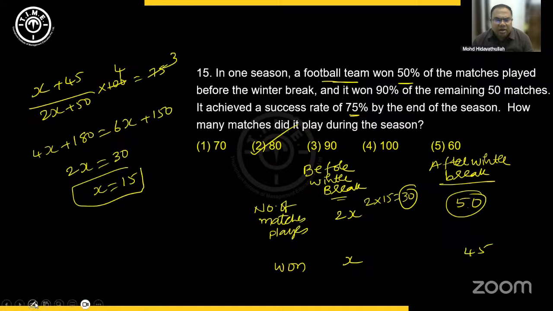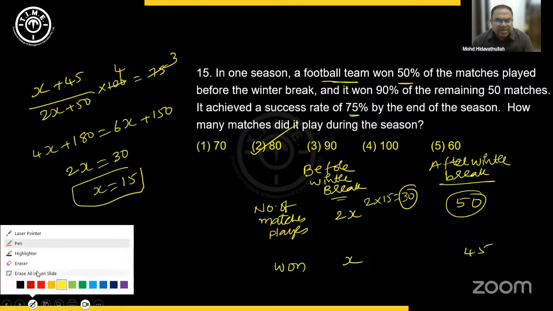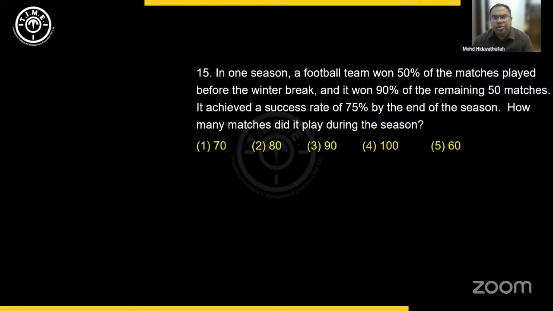Or you can easily solve this using the allegation rule which I have told you. It has won 90% of the matches after the winter break. Before the break, it has won 50% of the matches. It has played 50 matches here. And how many matches has it played here? I don't know, x matches. What is my overall success rate?